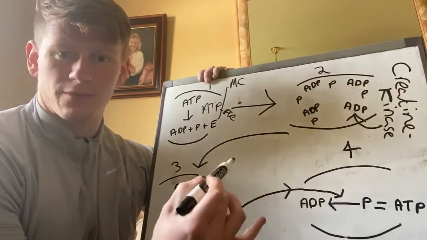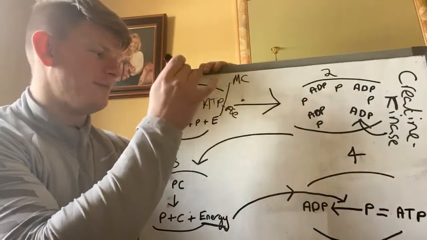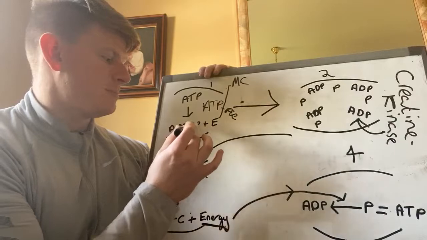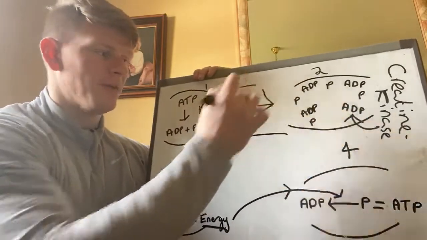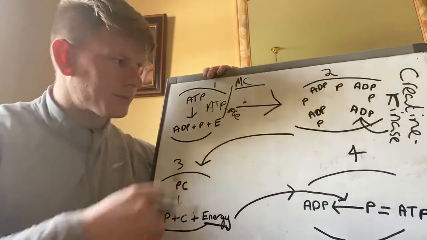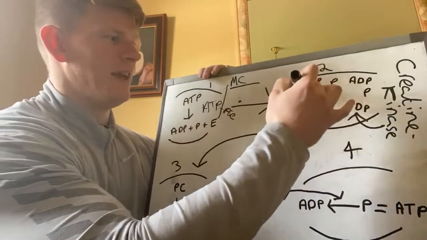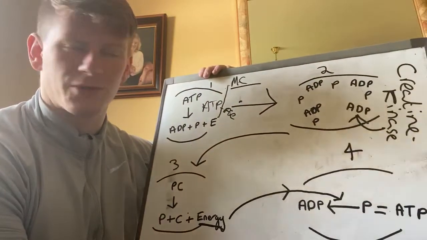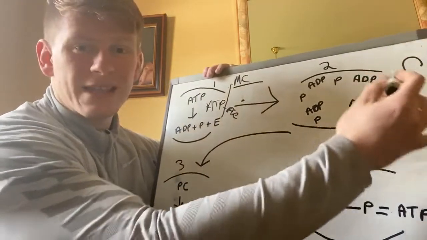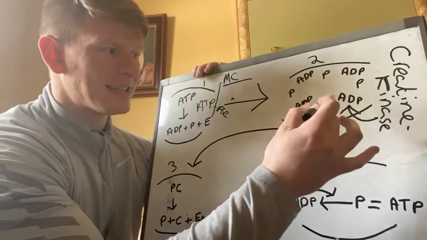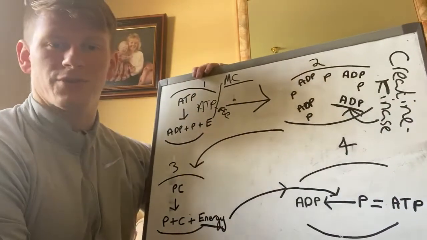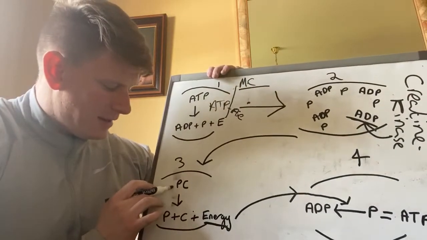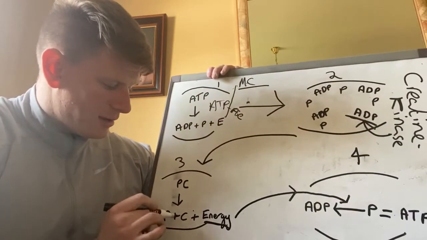Let me just run through this one more time. First of all, I've got ATP broken down by ATPase into ADP plus P plus energy. That's fine because now I can perform muscular contractions. However, now I've got loads of ADP and P in the muscle, which means I can't provide energy for muscular contractions. So creatine kinase first detects high levels of ADP in the muscle. It breaks down PC into P plus C plus energy.